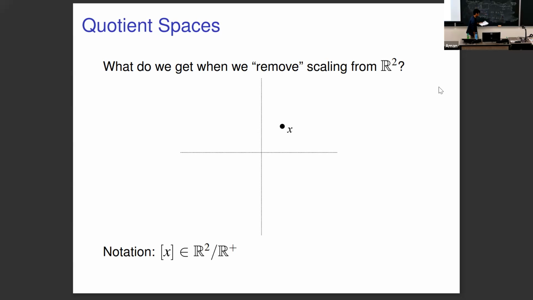Which is the topology of the quotient. So there's a quotient space topology. Right? So this is just an abstract example.